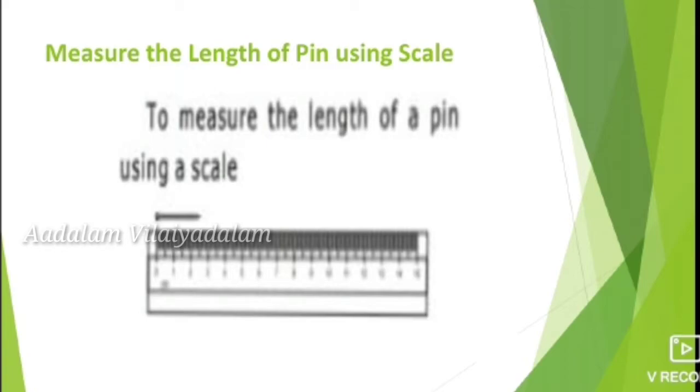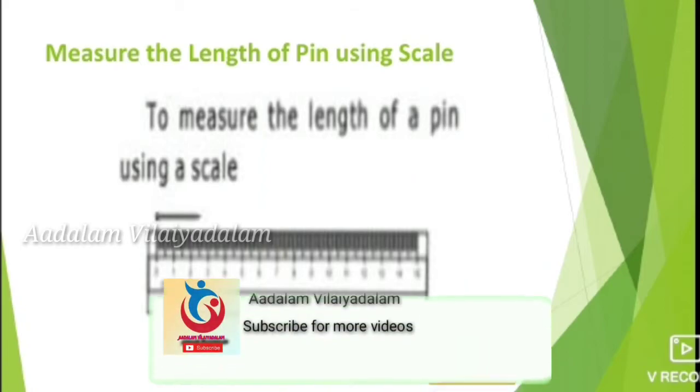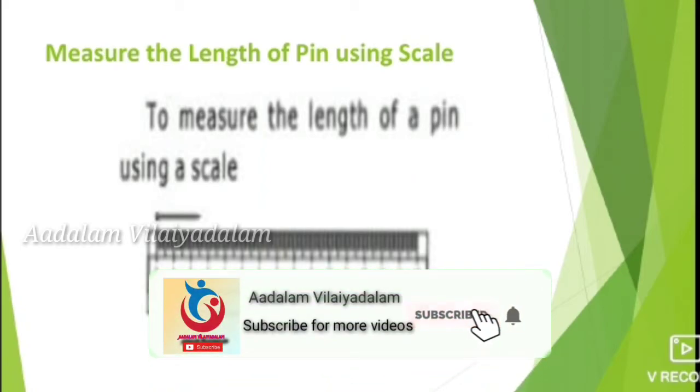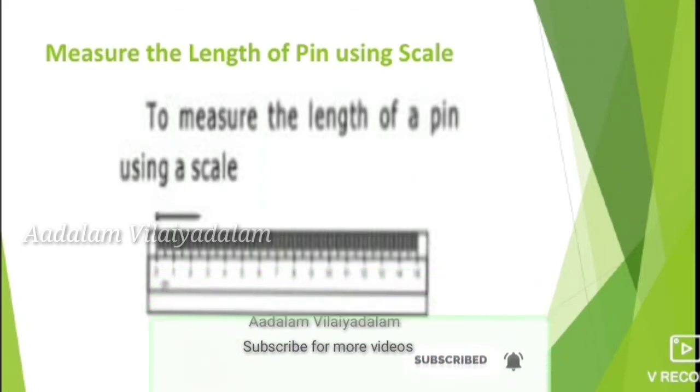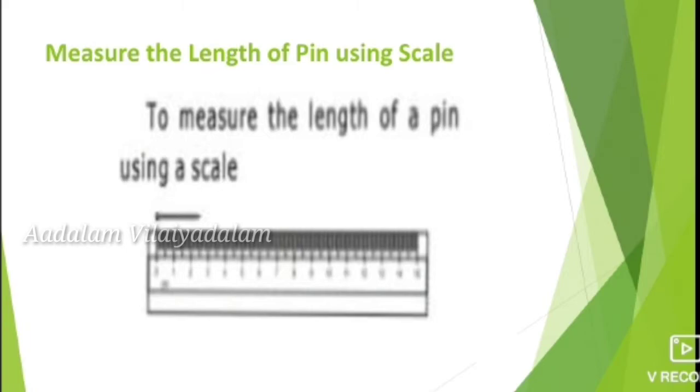It goes up to 2, so it is denoted as 2 centimeter. Counting the small lines after the 2, there are 6 readings, so it is expressed as 6 millimeter. Finally, the length of the pin is 2 centimeter and 6 millimeter, which is expressed as 2.6 centimeter.